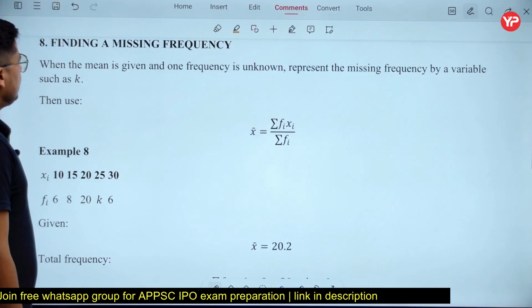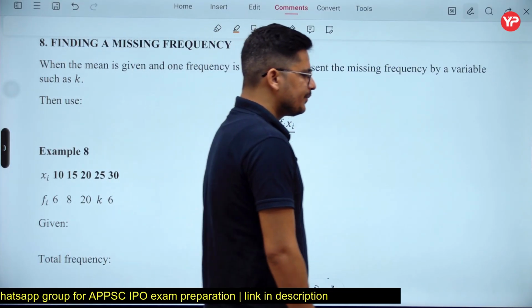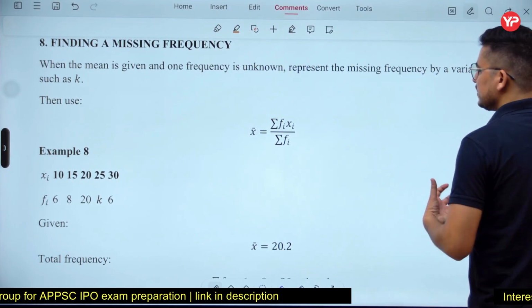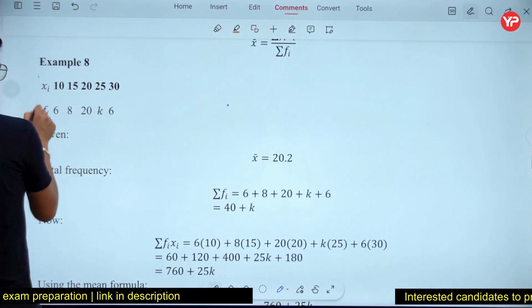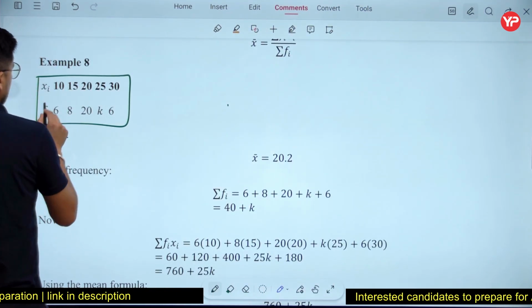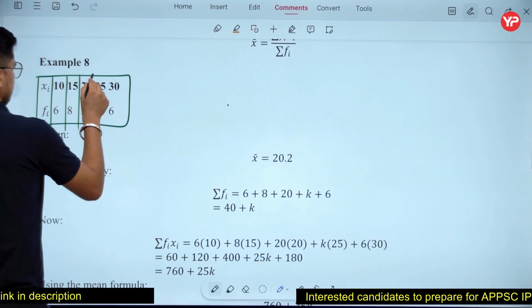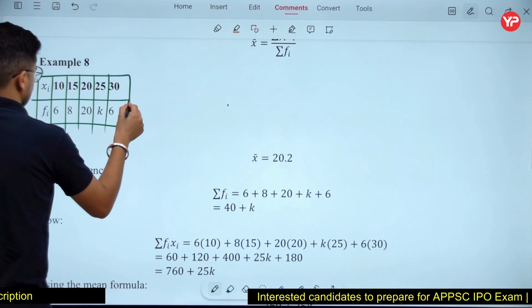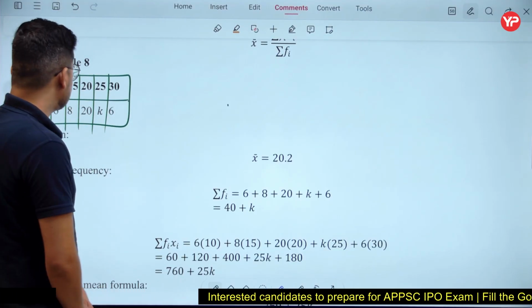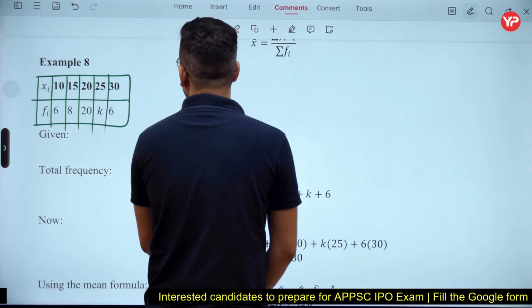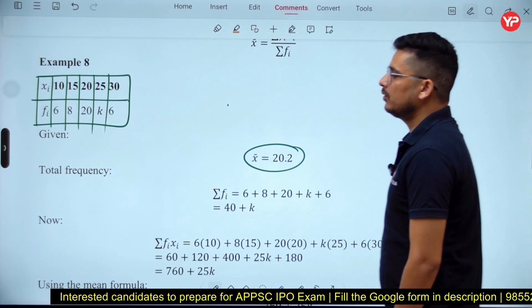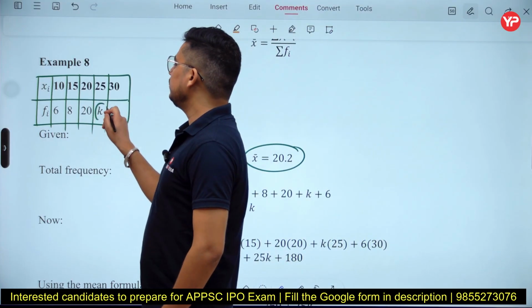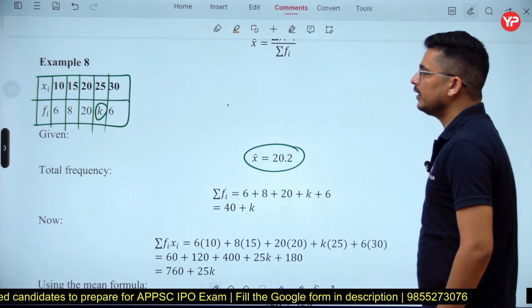Next thing, in this question, let some frequency and the mean be given to you, like here is the data for us, this is the table. Inside this table xi is given to you, fi is given to you, and also the mean is given to you. He is asking about this k, the k value in fi.